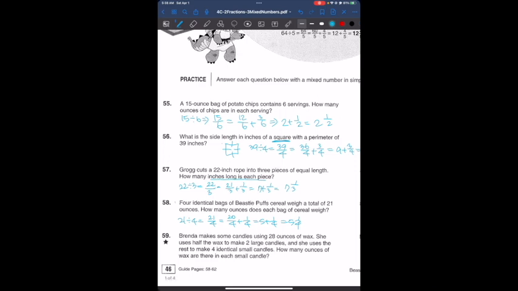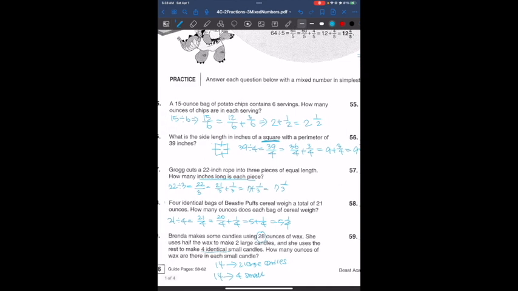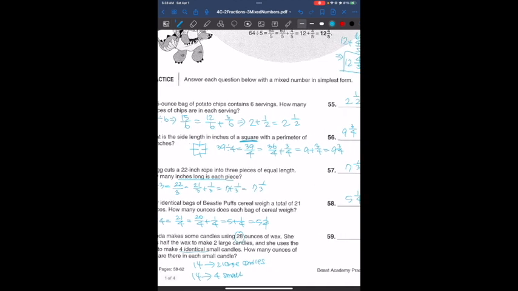So first, she uses half of 28, so she uses 14 ounces to make 2 large candles. Then she has 14 ounces left to make 4 identical small candles.